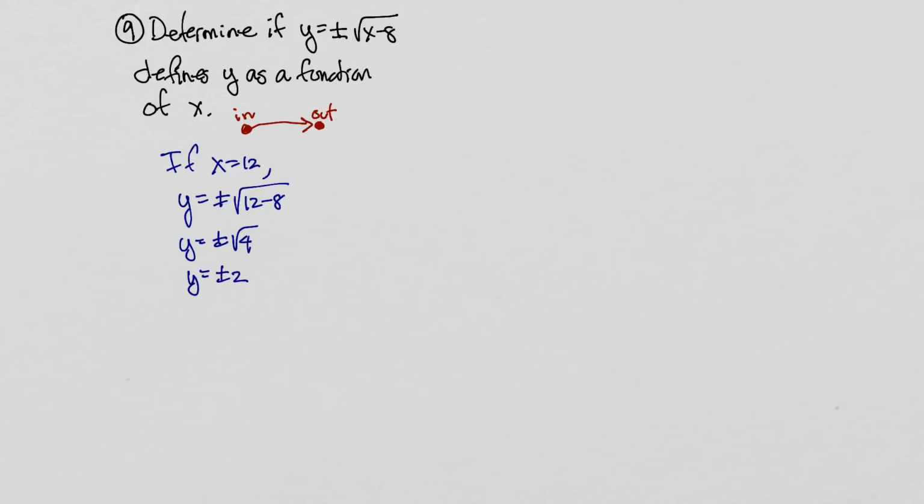And what's happening here now is that one value of x, namely 12, goes to two values of y, right? You put in a 12 and you can get back a positive 2 and a negative 2. So we're going to say, no, not a function. How about fn for function? Function of x.